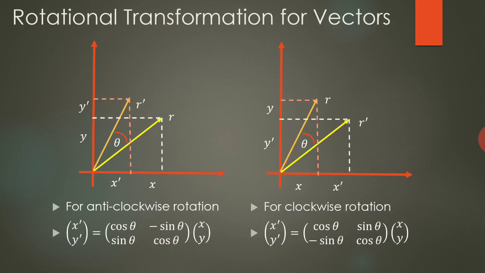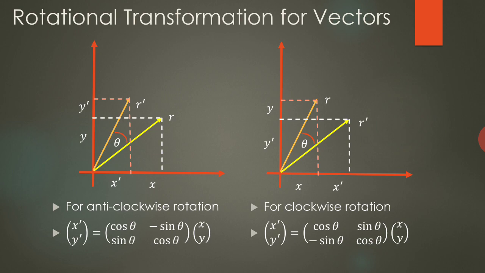The rotation matrix for vectors will be actually opposite to that of the coordinate axis. Rotating a vector in the anti-clockwise direction by an angle theta is equivalent to rotating the coordinate axis by an angle theta in the clockwise direction. So anti-clockwise rotation of a vector is equivalent to clockwise rotation of the axis.